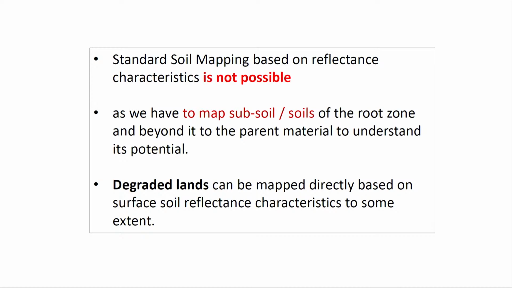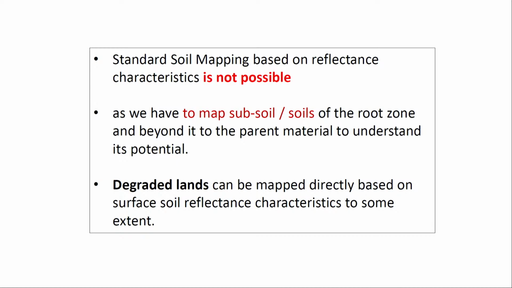So knowing about the surface characteristics of soil will not solve your problem. It will not help much. If you want to assess the potential of the soils for crop or any other uses, you need to understand the soil up to the parent material.